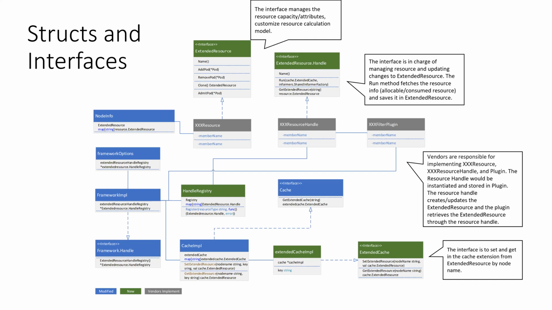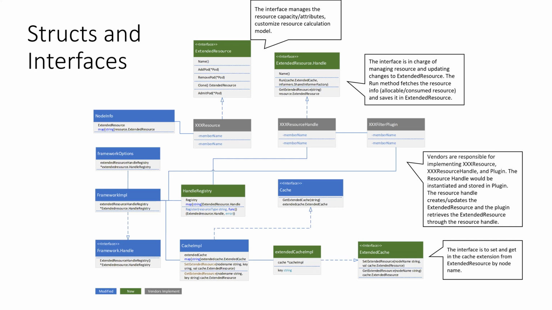The class diagram illustrates the modification to existing classes and interfaces in the current scheduler, which is highlighted in blue, and the new classes or interfaces introduced by our proposal, which is highlighted in green, and some new classes that are supposed to be implemented by vendors or the scheduler plugin developers, which is highlighted in gray.